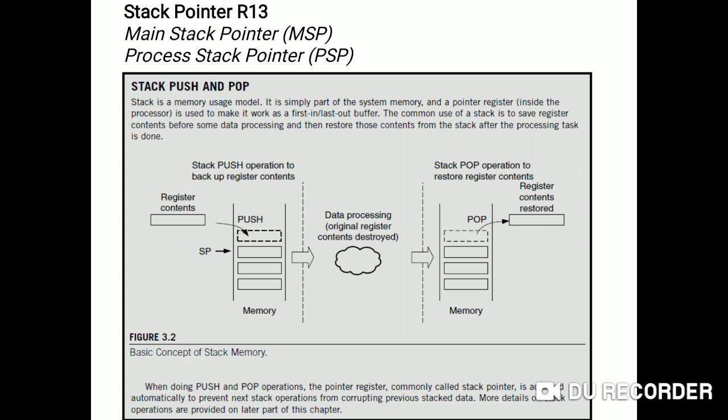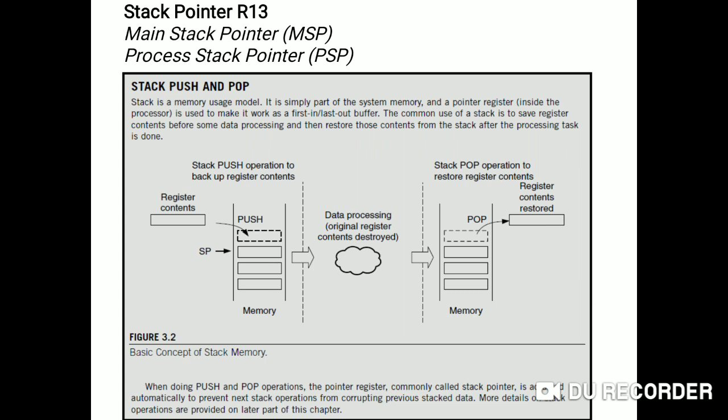Here is one example of stack push and pop. Stack is a memory usage model. It is simply a part of the system memory, and a pointer register inside the processor is used to make it work as a first in last out buffer. The common use of stack is to save register content before some data processing and then restore that content from the stack after processing is done.